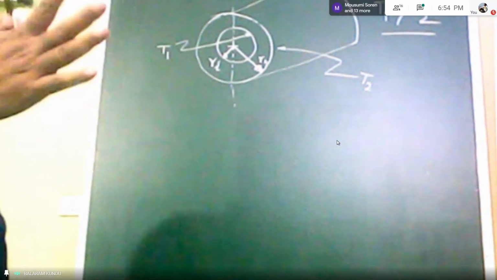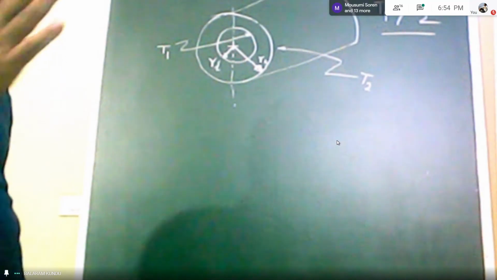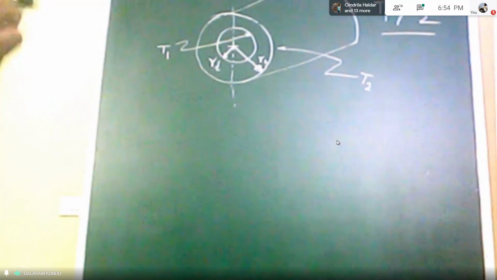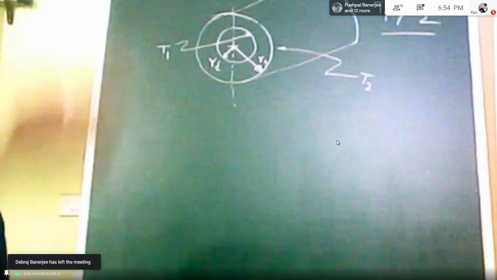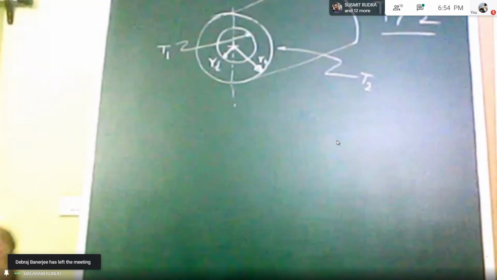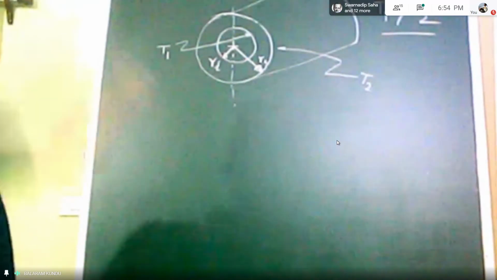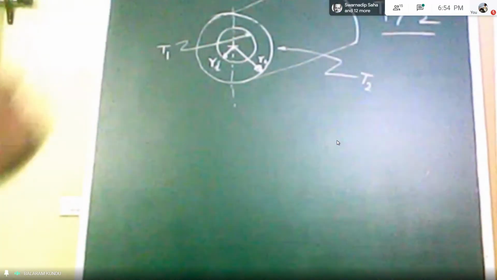Obviously, to determine the temperature distribution, it is necessary to solve the heat conduction equation with the appropriate assumptions as well as boundary conditions, and then we get the temperature profile, and after the temperature profile we can calculate the heat transfer rate.